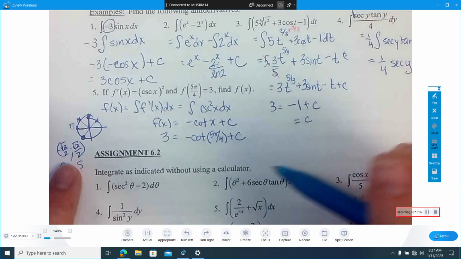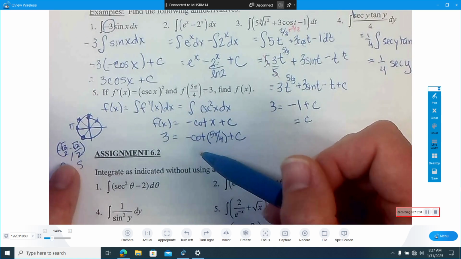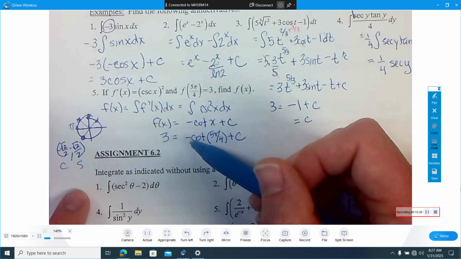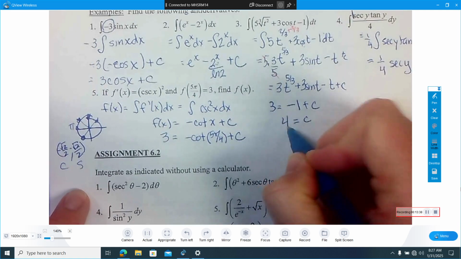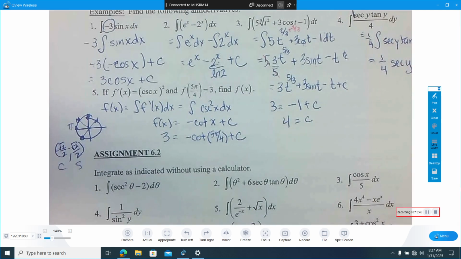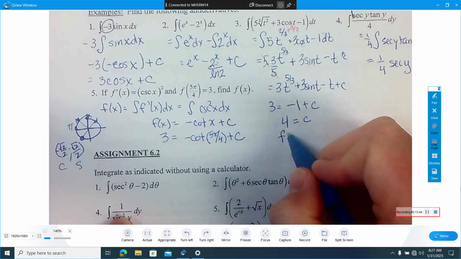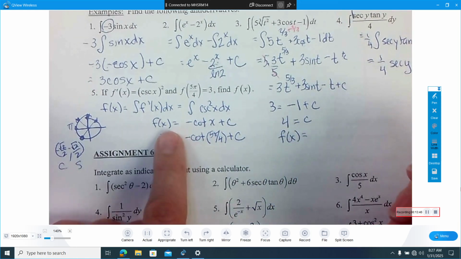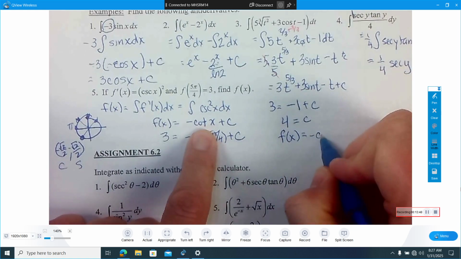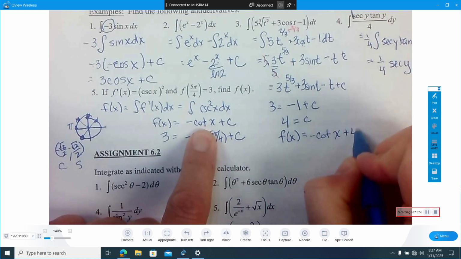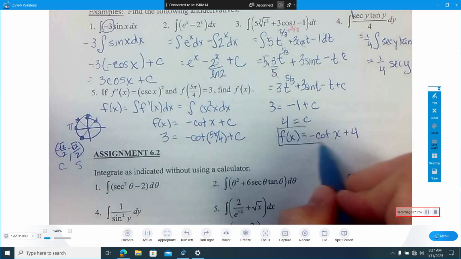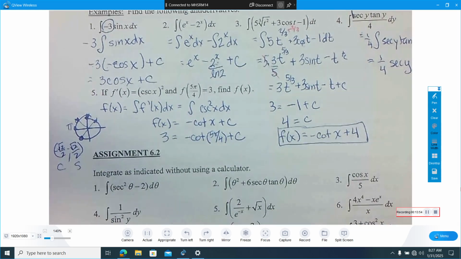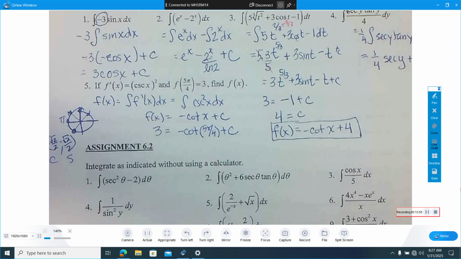I'll have to double check. Cotangent would give me positive 1. With a negative should be negative 1. All right, I think c is 4. We good with that? So then we have to find the original f of x, which just plugs in our c value. So negative cotangent of x plus 4. All right, I'm going to double check that answer to make sure I didn't goof.